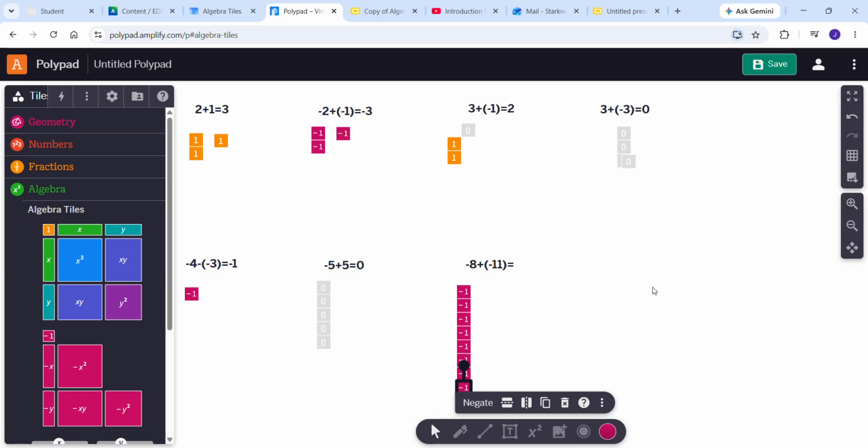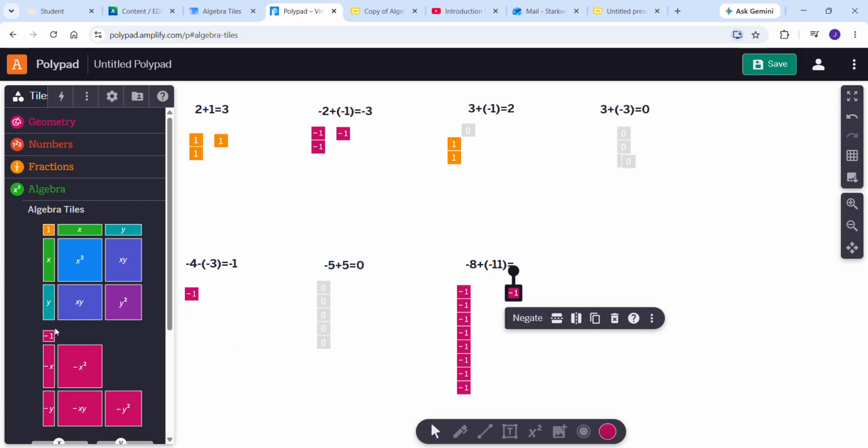Now, this one's a little more difficult for me. Well, no, actually, just kidding. It's not. So we have -8, and we want to add -11. So we need to get 11 of these out, right?